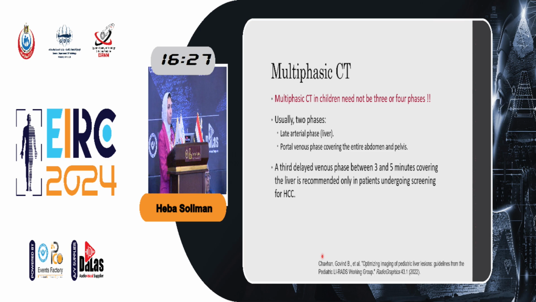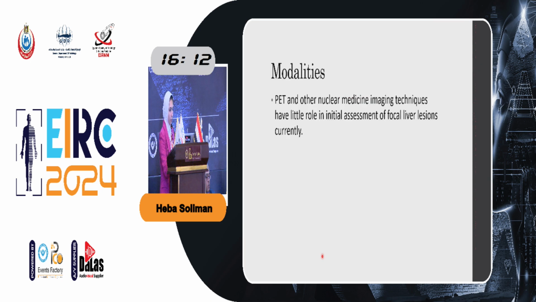A third phase, a delayed phase, is added only in pediatric patients with suspected HCC, as in age more than 10 years old, or known patients with chronic liver disease. So please modify the triphasic protocol for imaging of pediatric patients.